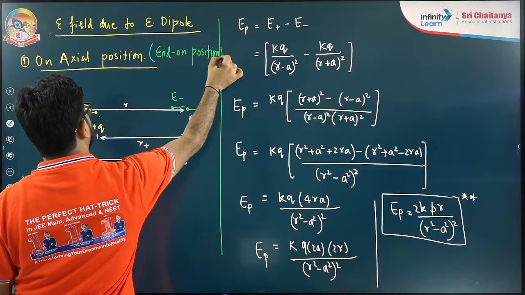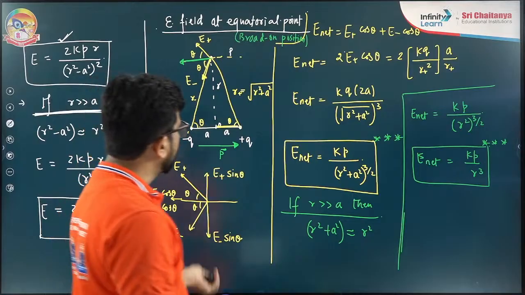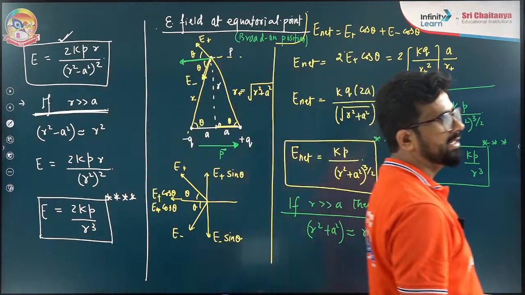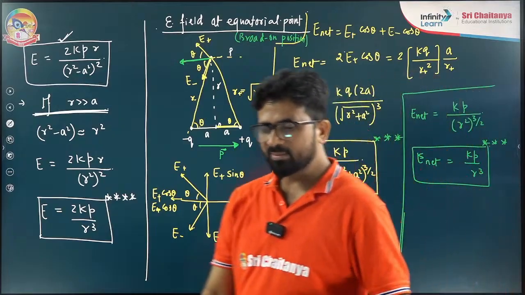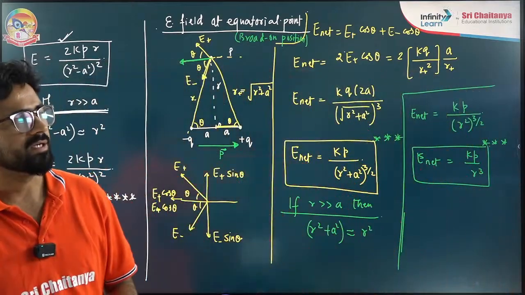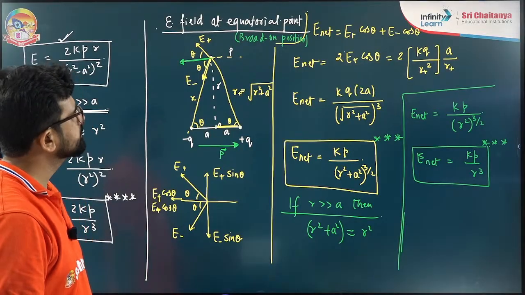This is a very basic case. We have derived the field due to an electric dipole on its end on position or broad on position. Is it clear to everyone, beta? Please reply.